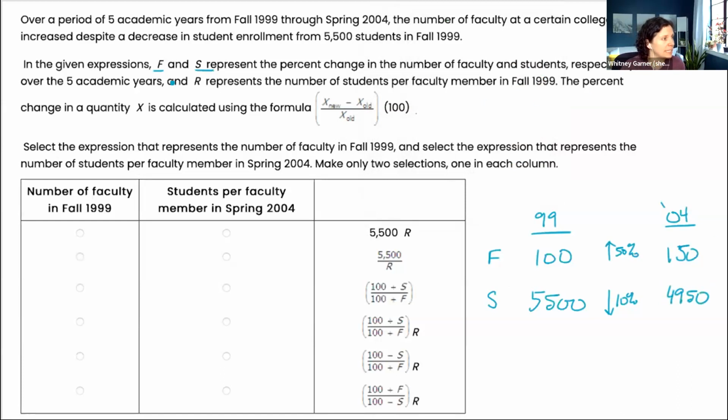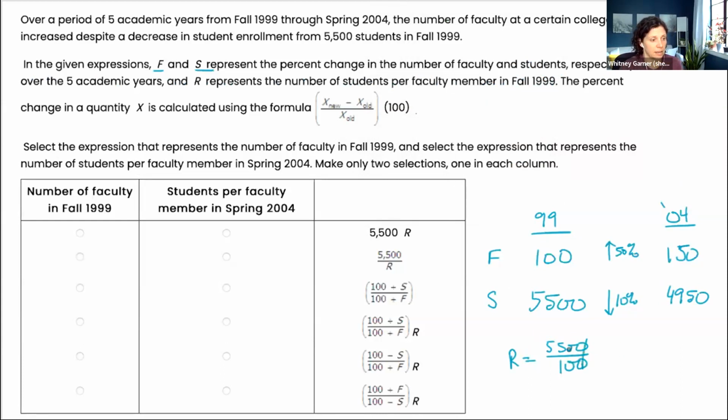And now it says R represents the number of students per faculty member in fall 99. So the number of students per faculty member, R, is 5,500 over faculty members, we'll call it 100.